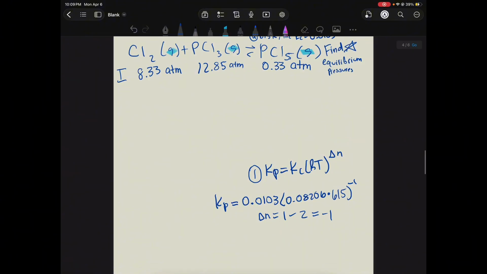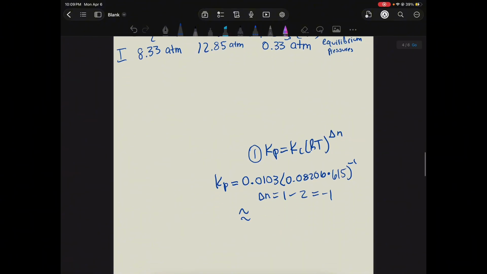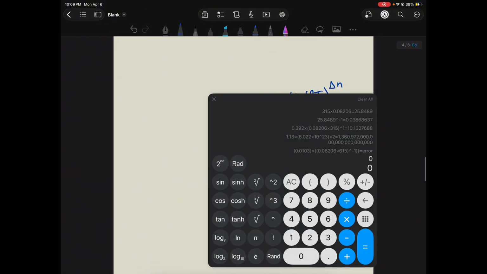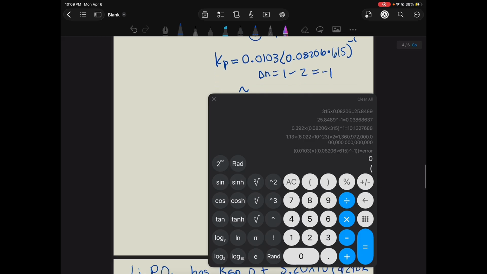So negative 1. Here we can solve for Kp using our calculator, and then it'd be 0.0103 times 0.08206 times 615 to the power of negative 1.